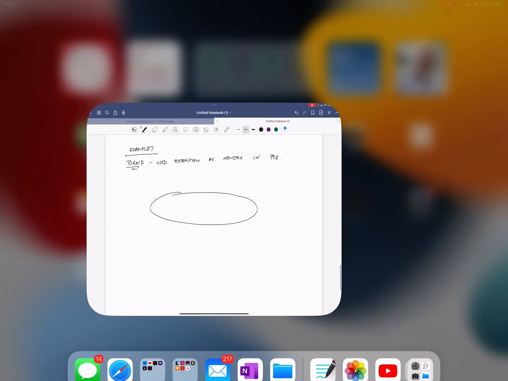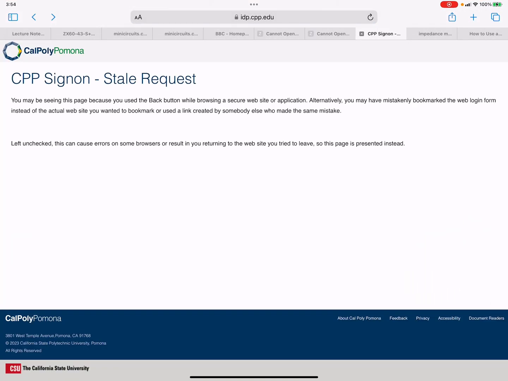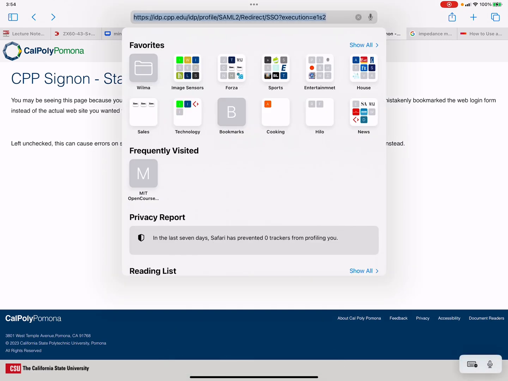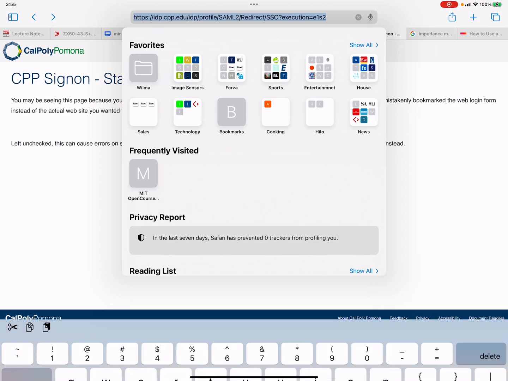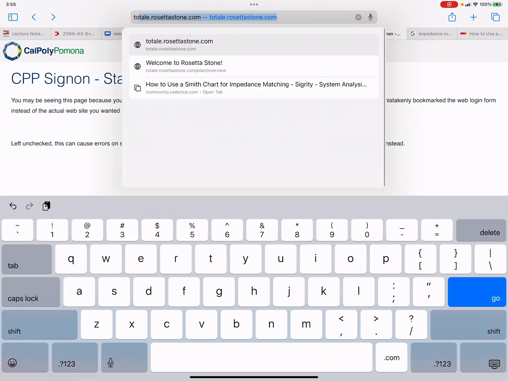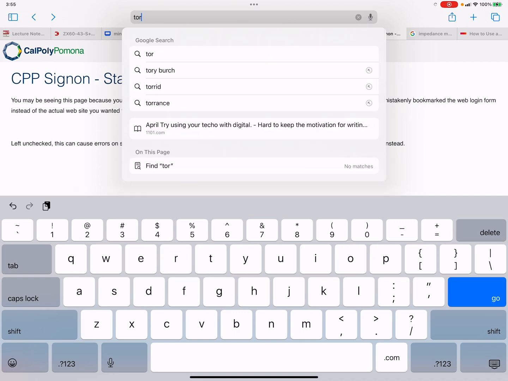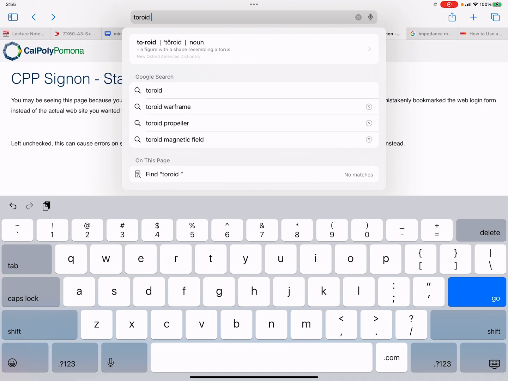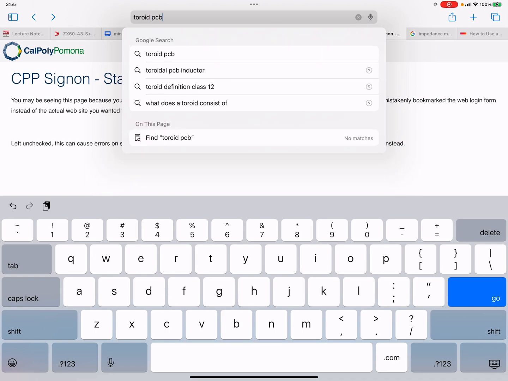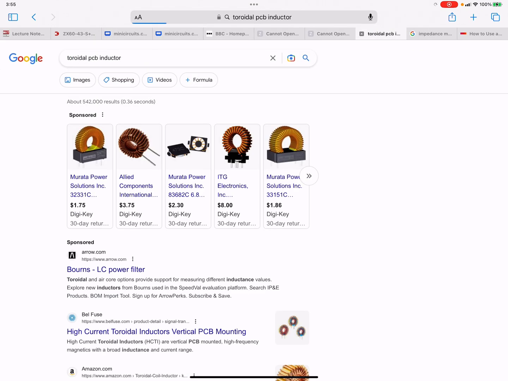Let's see if I can find a toroid. What would it be called? PCB inductor, here we go. So it's something that looks like this.